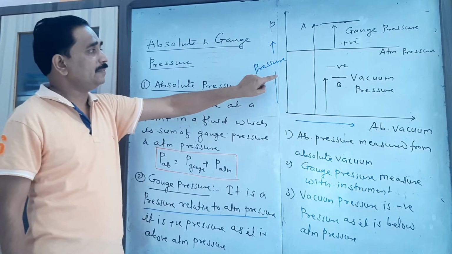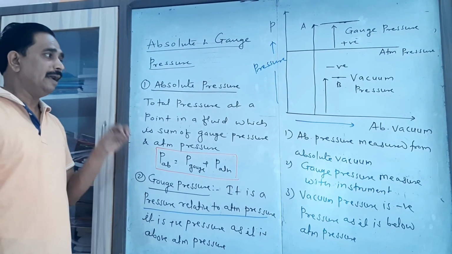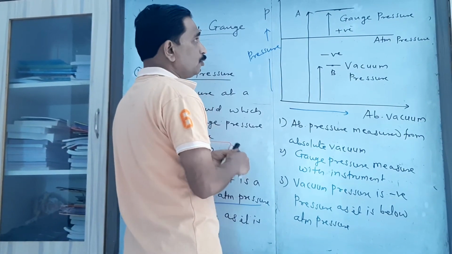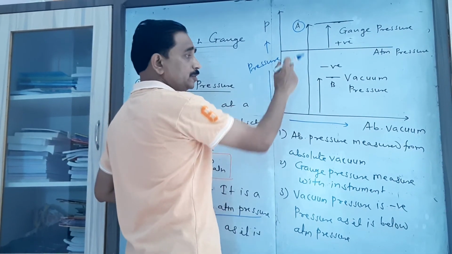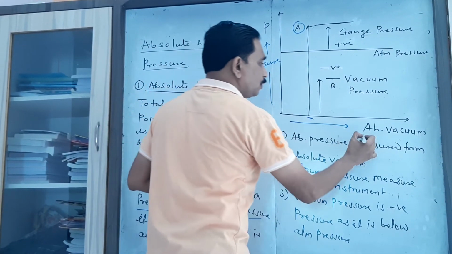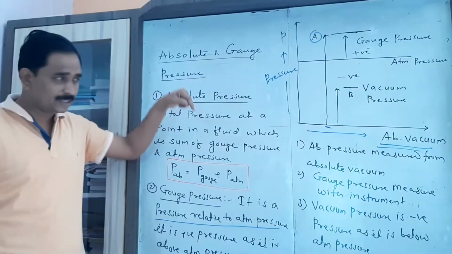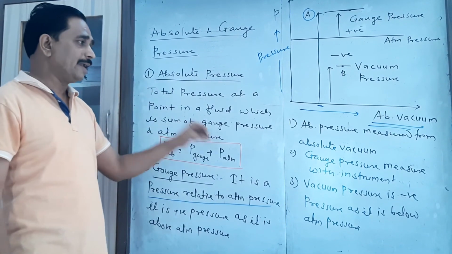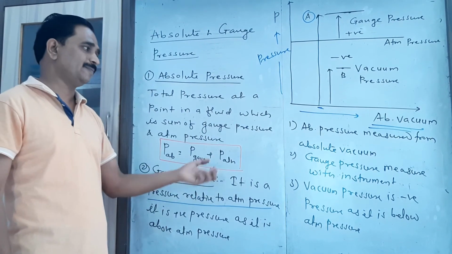Now from this graph we can conclude these three points. The absolute pressure is always measured from the absolute vacuum. It means we have to measure the pressure at point A not from the atmospheric pressure but from the absolute vacuum. Second, gauge pressure is measured with the help of an instrument called a pressure gauge.